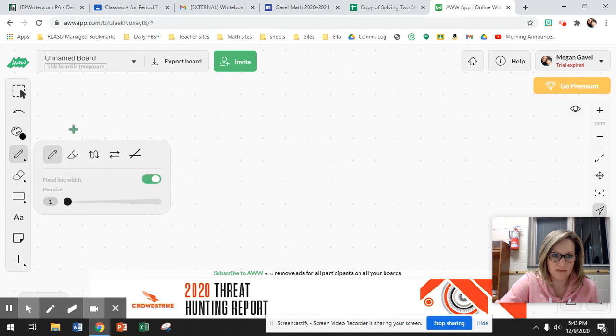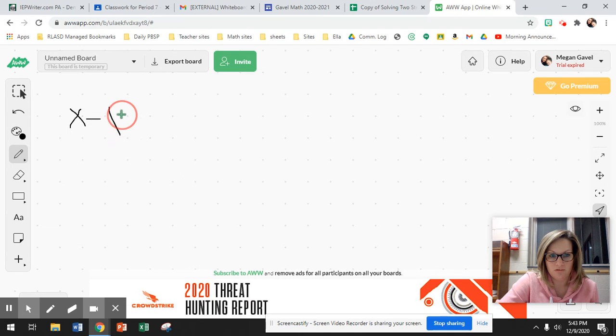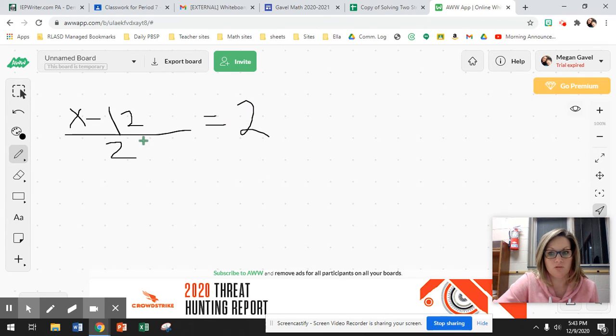The way this looks is x minus 12 divided by 2 equals 2. So just like before, the x minus 12, that's all together. So we need to leave that alone. We need to get rid of this 2.